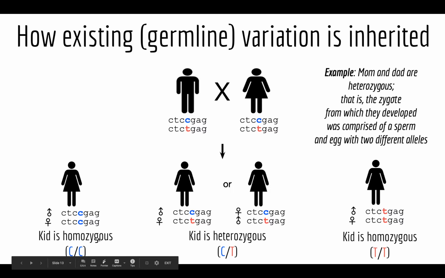The zygote has the same two gametes. There are two possible ways where offspring could be heterozygous: this daughter inherits C from dad, T from mom, or C from mom, T from dad. And then the third case, the child is homozygous, inheriting the other two gametes.